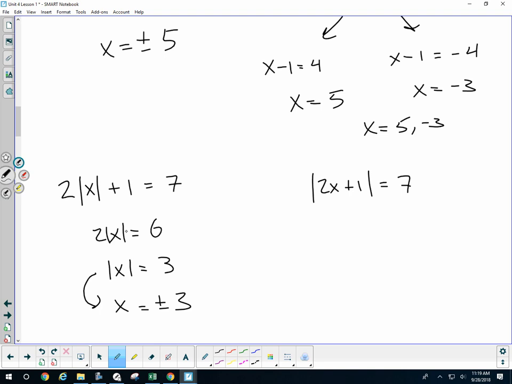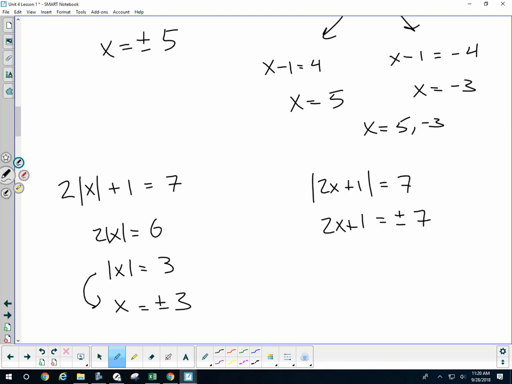Okay? So notice this goes here. But we know that when I get rid of the absolute value, I could either have the positive or negative 7, right? Whatever's inside that absolute value could be 7, absolute value of 7 is 7, or negative 7.